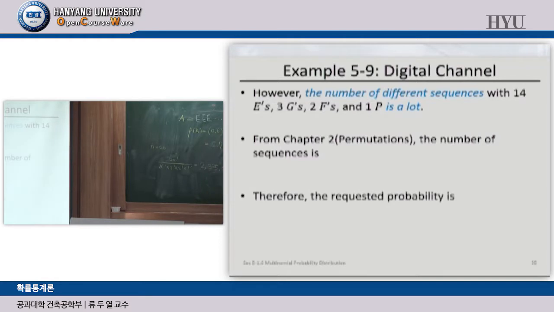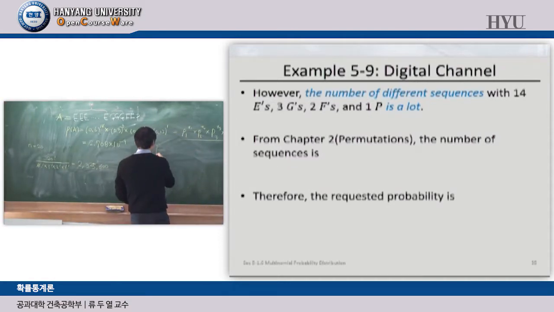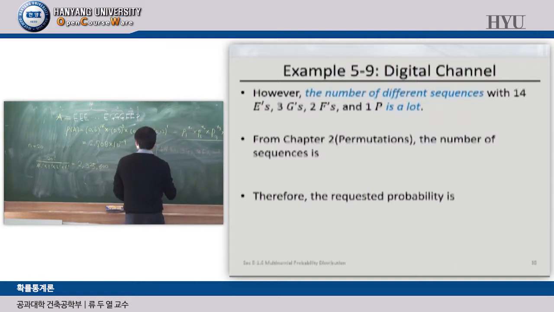So finally, the requested probability of 14 excellent, 3 good, 2 fair, and 1 poor will be the multiplication of these 2 values, right?